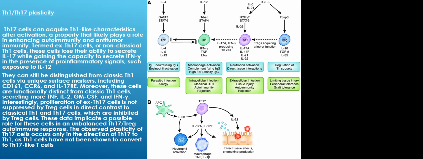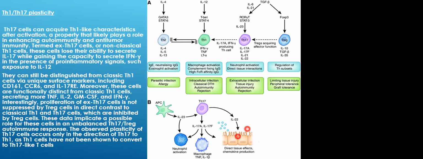And what should we call this Th17 when they look like Th1 because they start secreting interferon gamma and stop secreting interleukin 17? We call those X-Th17. And they are the really pathogenic cells that lead to the progression of multiple sclerosis.